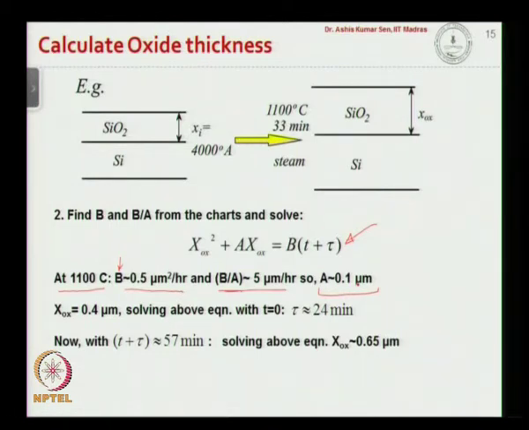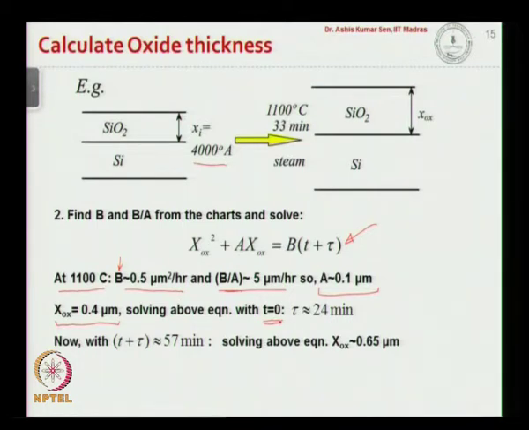Now knowing the value of A and B, the initial oxide layer thickness is 0.4 micron, that is given. To calculate the time, for a pre-oxidized wafer t equal to 0, we have not started doing the oxidation process.